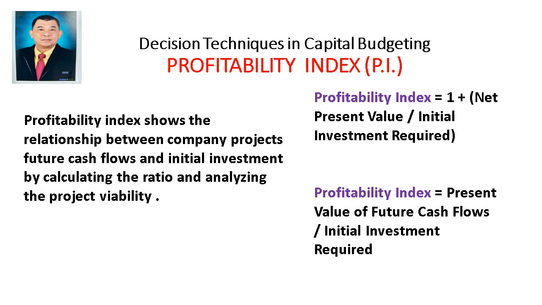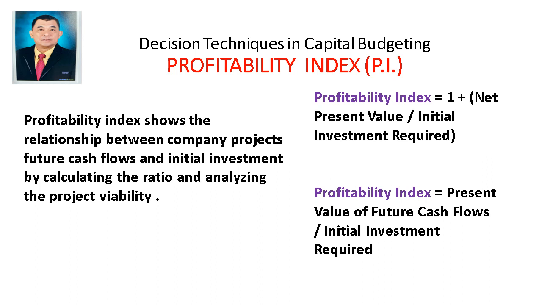To start with, let us define first what is profitability index. Profitability index shows the association between the company's project future cash flow or discounted cash flow and the initial investment of the project by calculating the ratio and analyzing the project viability. As you can see here, there are two formulas to compute profitability index.